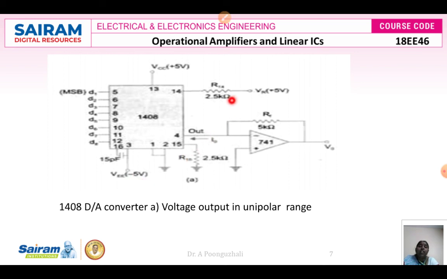And this is your R14 resistance which is going to provide the necessary reference current for your 1408 IC there. And here this I0 current is going to flow in this direction, so that is why your V0 is going to be positive. So here we are going to have I0 dash into RF. This is in unipolar range.